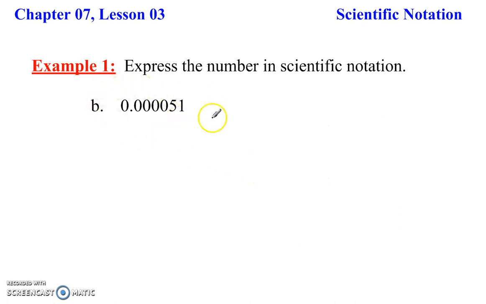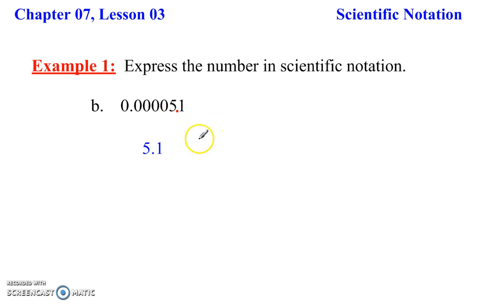Okay, now we have a very small number. If I divide a number by multiples of 10, it's a very small number. So that's less than 1. The decimal's here. It needs to go between the 5 and the 1. So I'm going to have 5.1, and then I figure out how many places I moved the decimal.